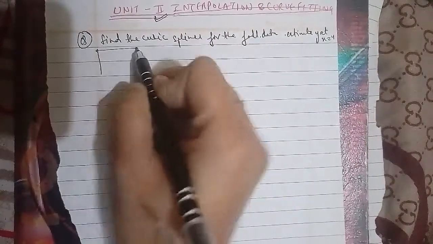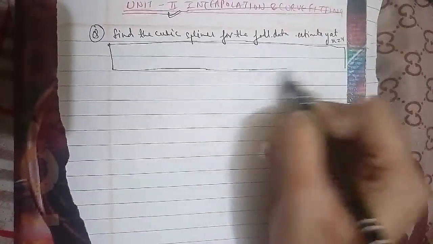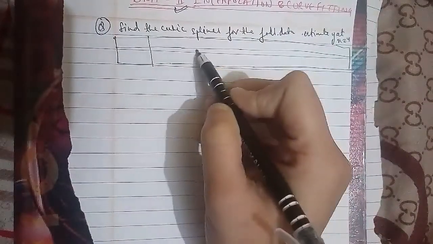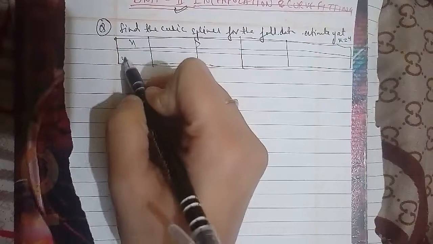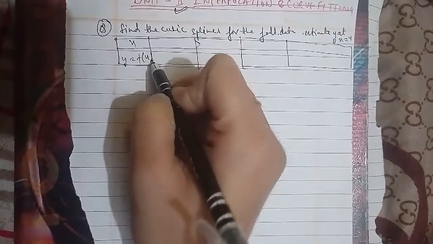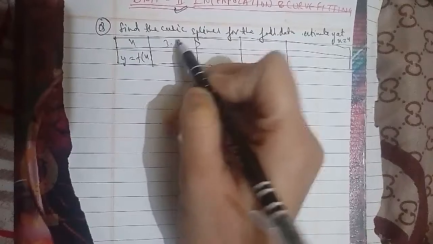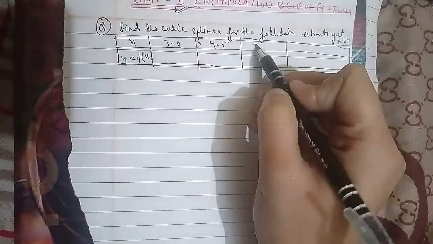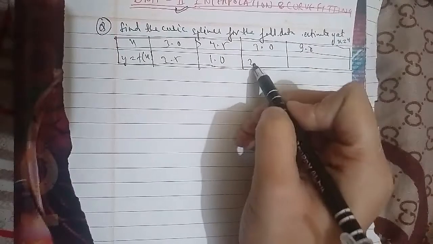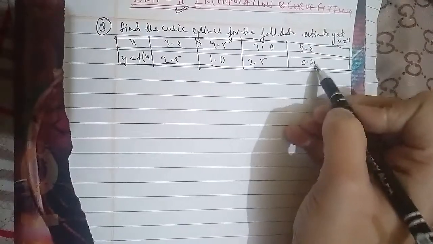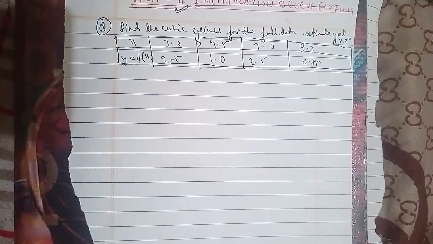We made a table here: x, y equals f(x): 3.0, 4.5, 7.0, 9.0, 2.5, 1.0, 2.5 and 0.75. Here we have to estimate y at x equals 4.